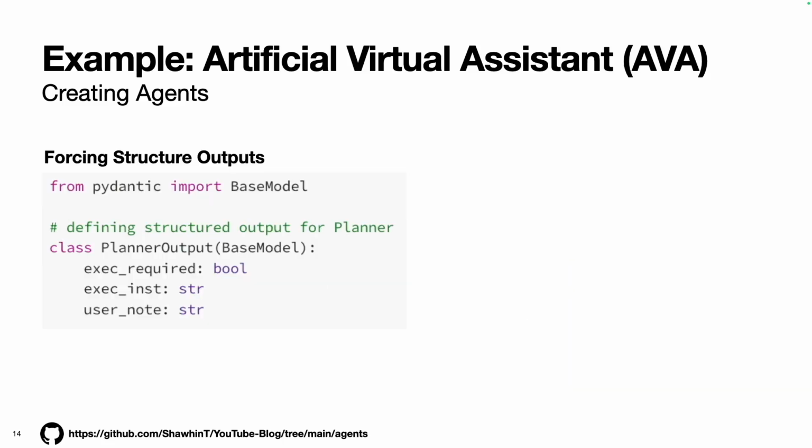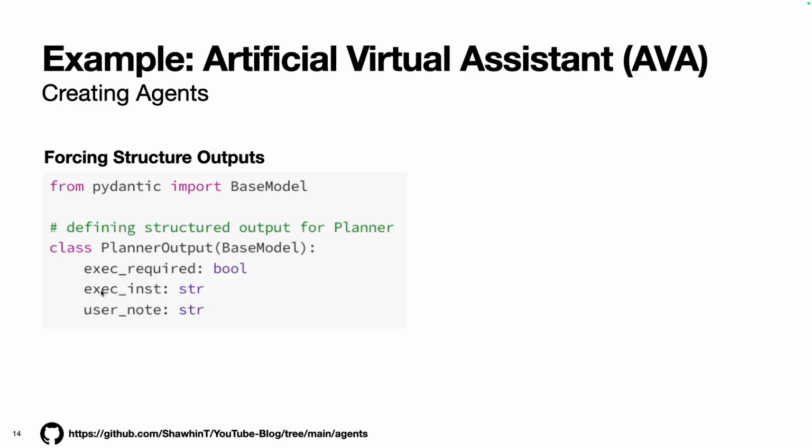One handy functionality of the Agents SDK is that we can force agents to have structured outputs. We can do this using Pydantic. So I'm going to create this custom class, which has 3 attributes to it. First is a Boolean flag that says whether execution is required. This is what we're going to use to decide whether to stop the workflow or to pass information on to the executor agent.